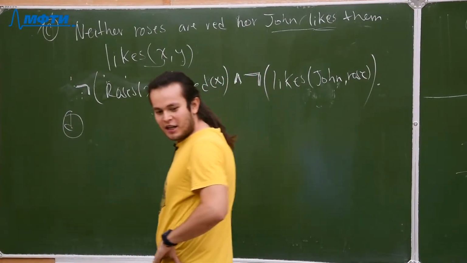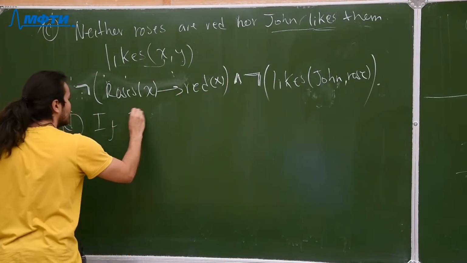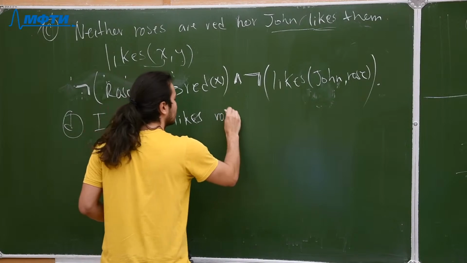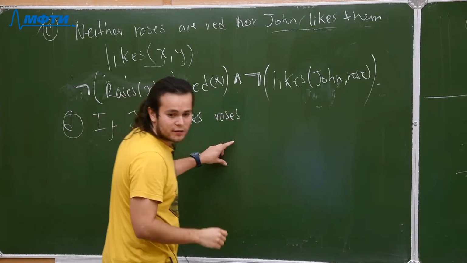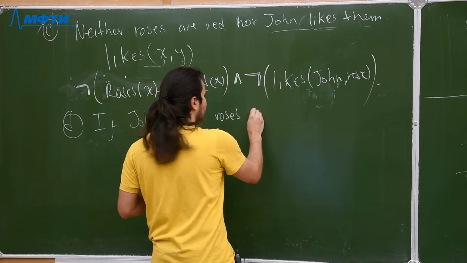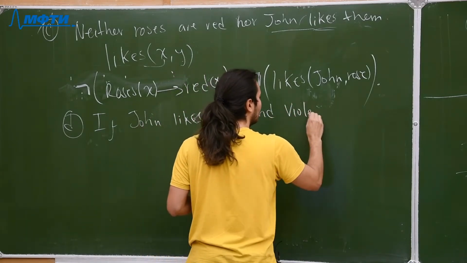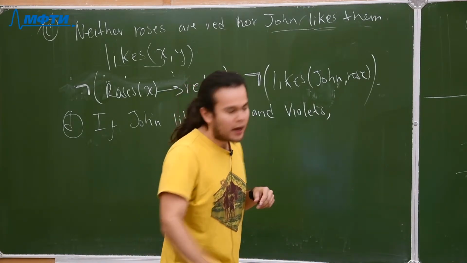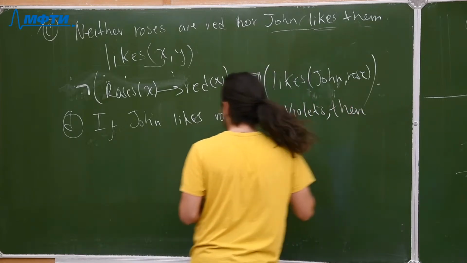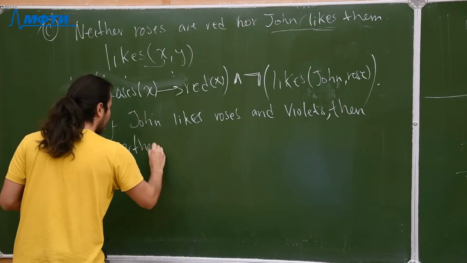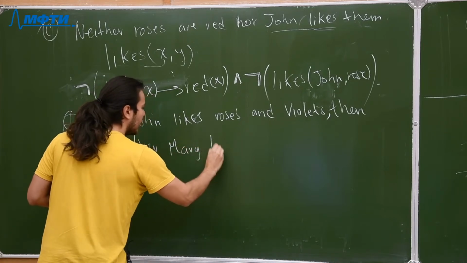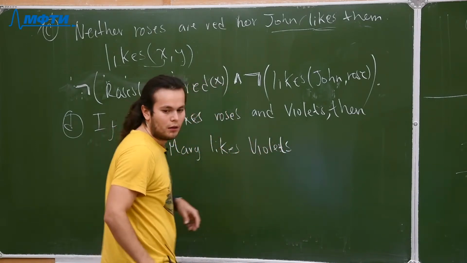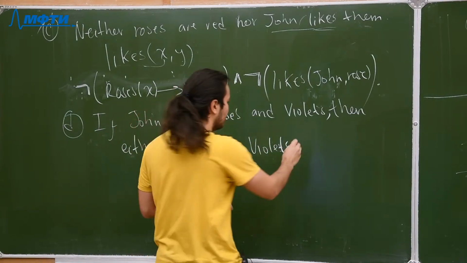If John likes roses and violets, then either Mary likes violets or John likes Mary.